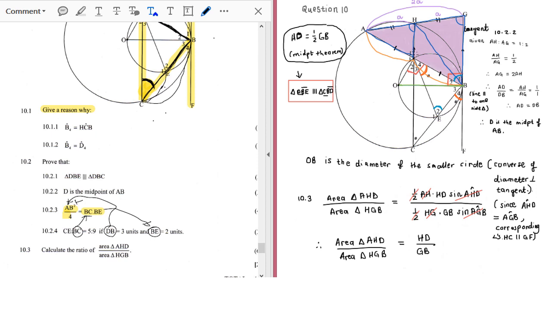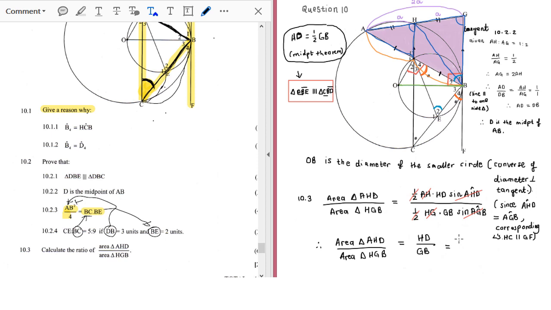But now remember what we said up here when we looked at the midpoint theorem. We said that this line, which connects the midpoints of two sides of a triangle, is parallel to the third side of the triangle, but it is also equal to half the length of that third side. So we established that relationship between HD and GB using the midpoint theorem. So we're going to substitute it in over here.